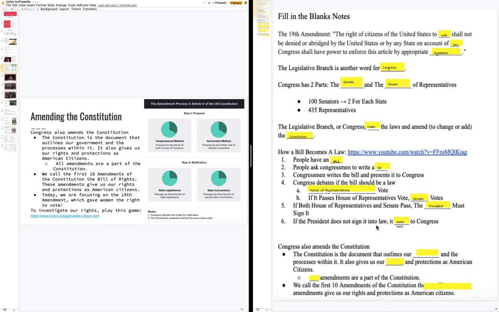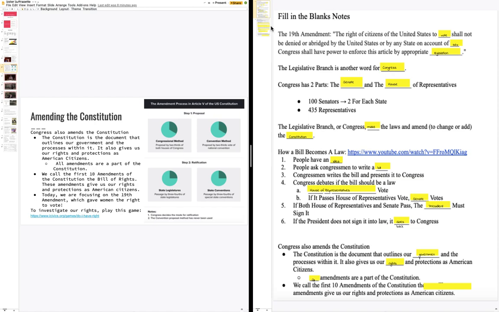So Congress also amends the Constitution. Again, the Constitution is the document that outlines our government and the processes within it. We'll talk a little bit about that in the next lesson. It also gives us our rights and protections as American citizens. So all amendments are part of the Constitution.